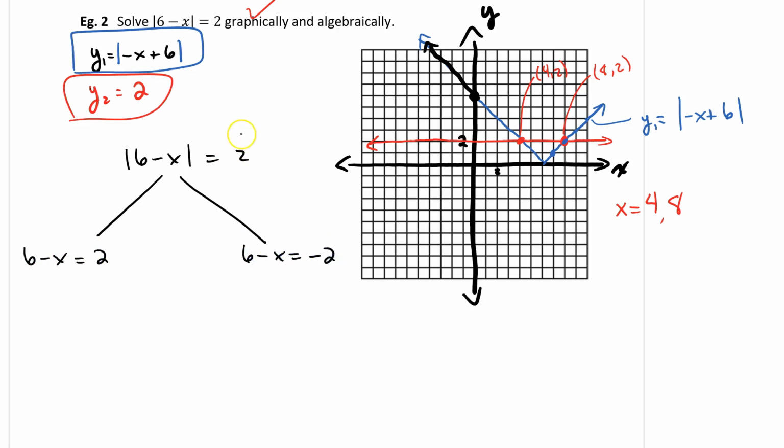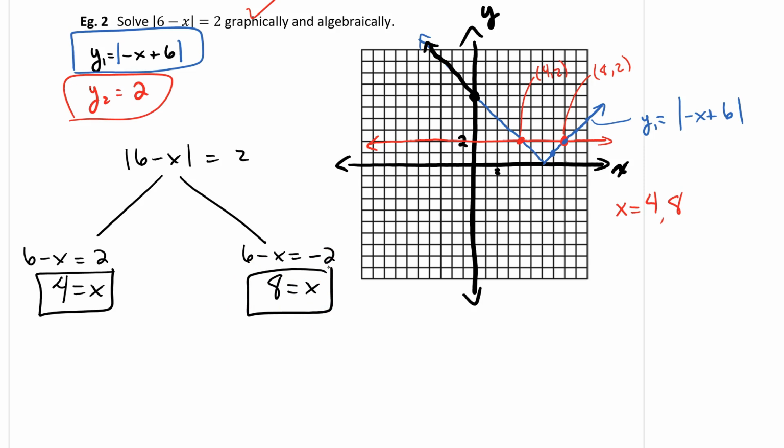Remember, it's easiest to just make one term instead of distributing the negative to both of these terms. So I'm just going to add x to both sides and subtract 2. So this becomes 4, so x equals 4. And I'm going to add x to both sides, and add 2 to both sides, so that becomes 8 equals x. So I have two solutions.